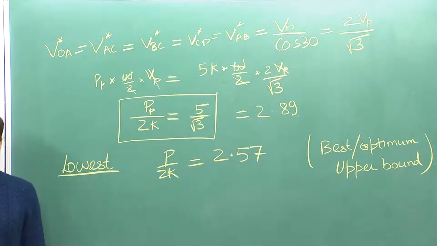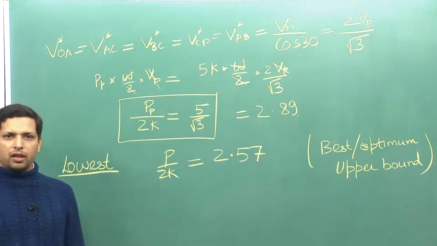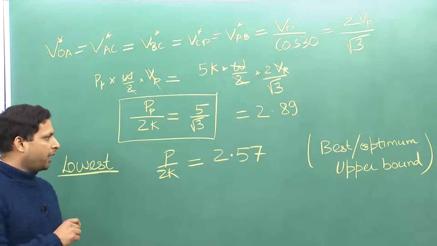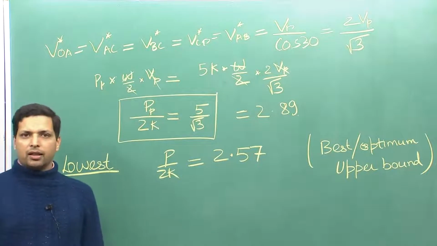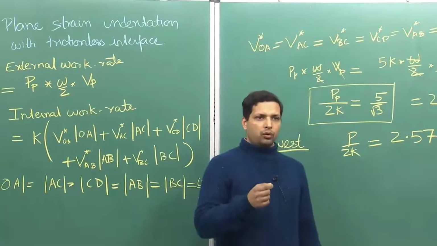Okay, so that is not all. Now that we have P over 2K equal to 2.57, there is another important and interesting piece of information hidden here. You remember I said that this indentation is very similar to what we do in hardness.